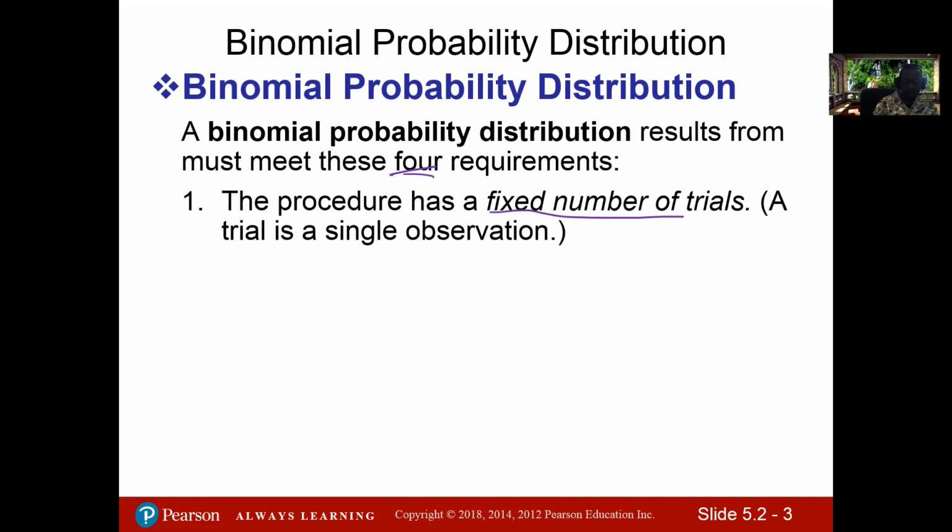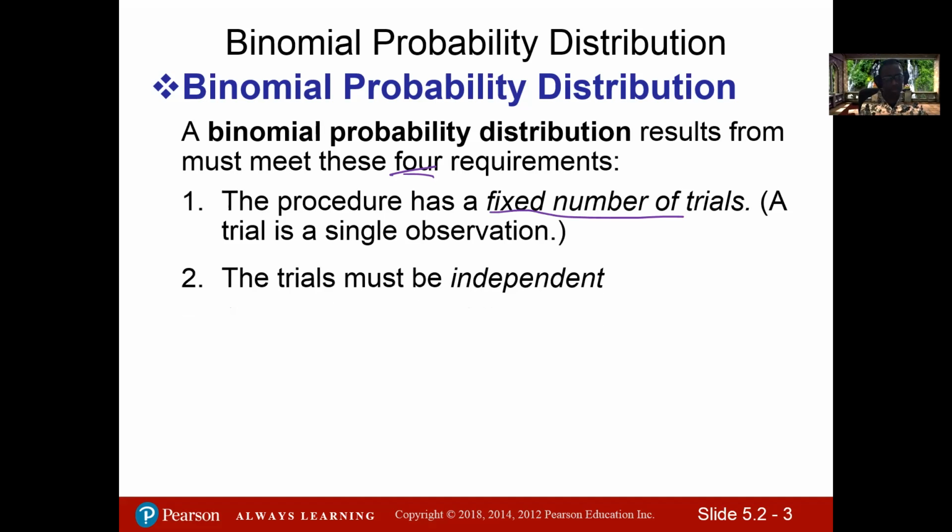A trial is a single observation or single performance of an experiment. The fixed number of trials is very important because if you're talking about a discrete random variable, then it has to be countable.